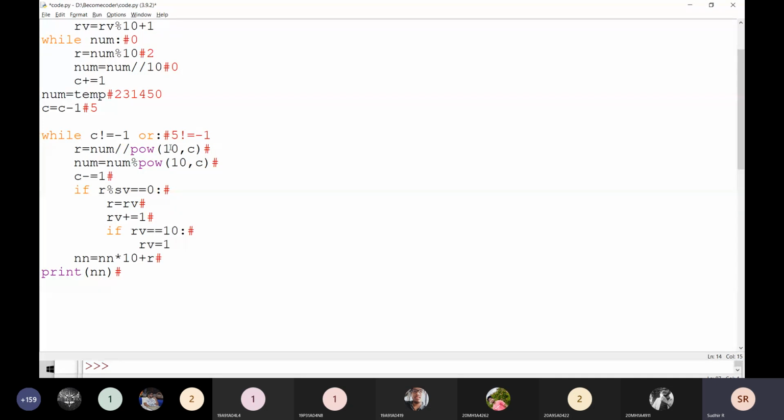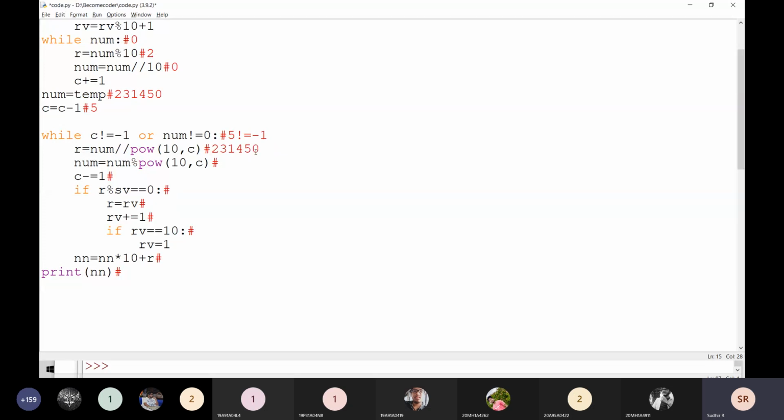I think there is no need to write this one also. Is it clear? Yes, sir. I'm going to put this one also, no problem for that. Okay, 5 not equal to 0, 5 not equal to -1. Yes, it is true, and moving inside, and R value is equal to, what is num value now?